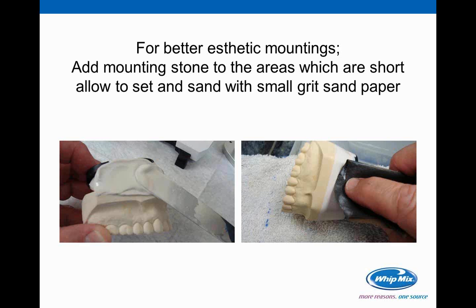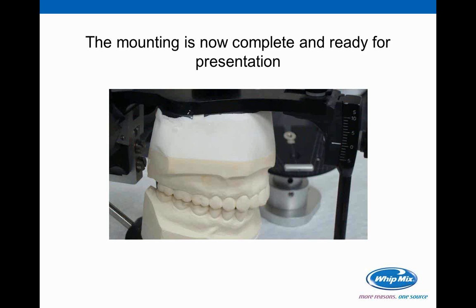You can use a laboratory knife at that point to scrape off any excess, and then when it's set up fairly fully, you can, with some small grit sandpaper, we use about a 320 wet dry sandpaper around here, sand that mounting stone down until it looks beautiful. And now your mounting is complete and is ready for presentation to the doctor or presentation to the patient.